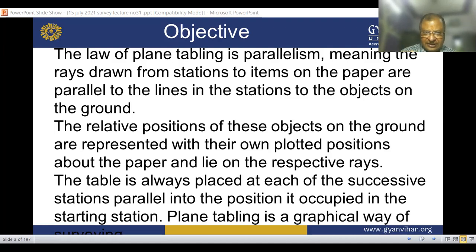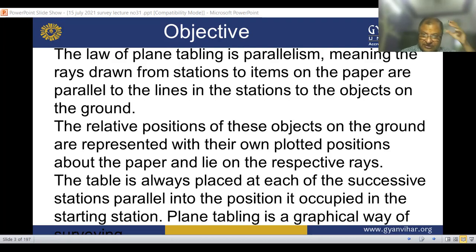The relative positions of these objects on the ground are represented by their plotted positions on the paper and lie on the respective rays. The table is always placed at each successive station parallel to the position it occupied at the starting station.